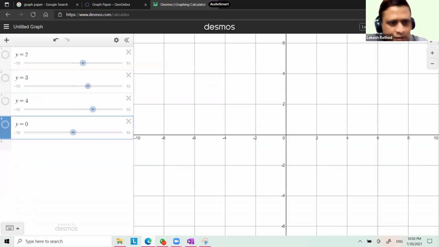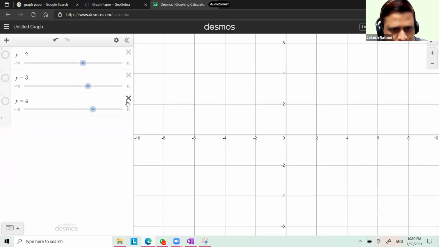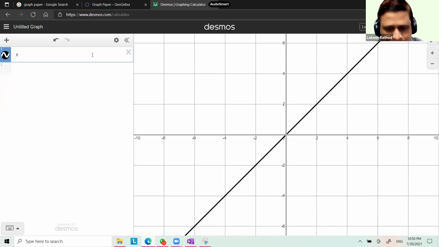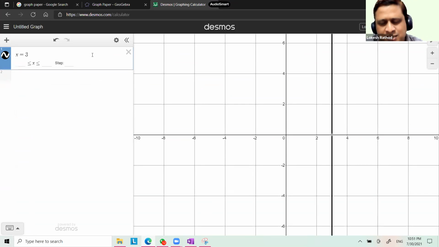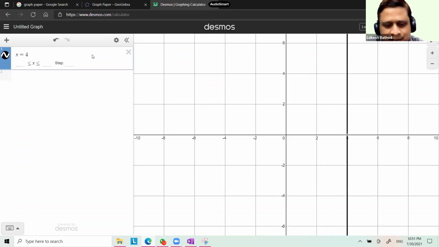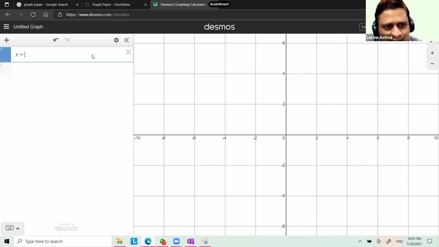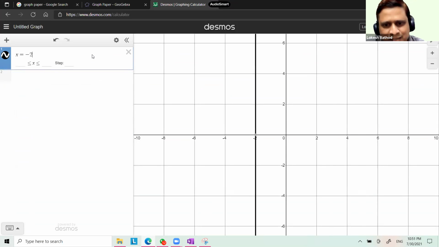So for example, I say x is equal to 3. So there's the line. This line is parallel to the y-axis. If I say x equal to 4, this is the line. x equal to 5, this is the line. x equal to, say, minus 2, then there is a line that passes through minus 2. It's parallel to the y-axis.